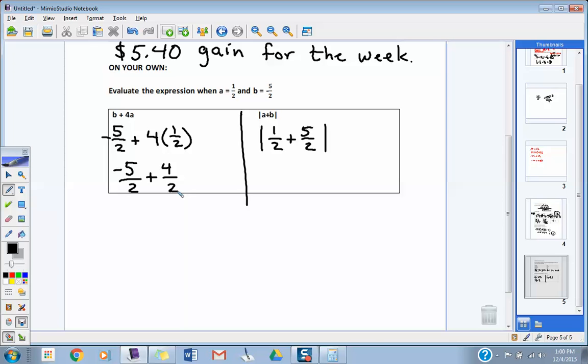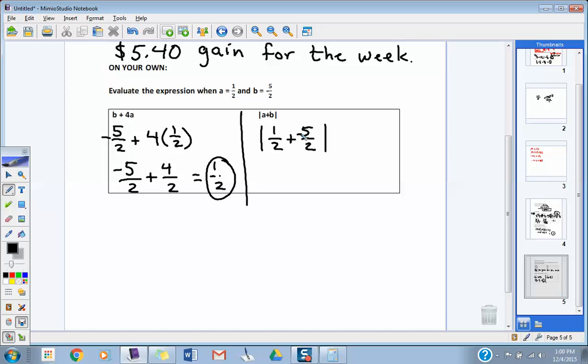All right, so help me out. What's negative 5 plus your 4 here? Ooh, careful. Negative 5 plus 4? That's 1 over 2. What kind of 1? Negative. Negative 1 half. Very good. That's not what I got. Okay. Guys, again, this is a negative 5 halves right here.